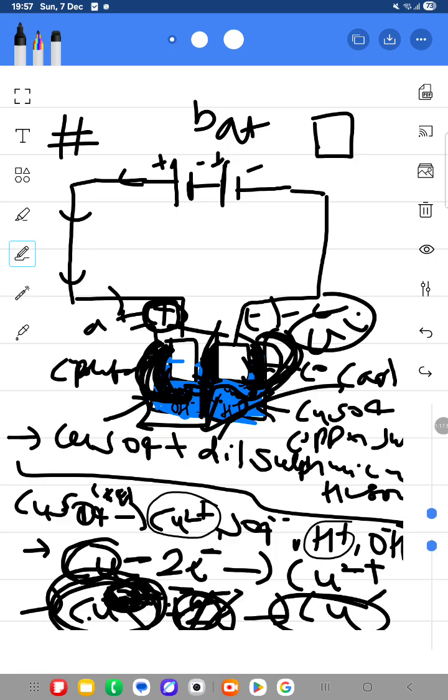On the positive side, there are two ions, SO4 2 minus and OH minus. They both will migrate upwards, but none will go there. Why? Because the copper anode will lose its electrons firstly.